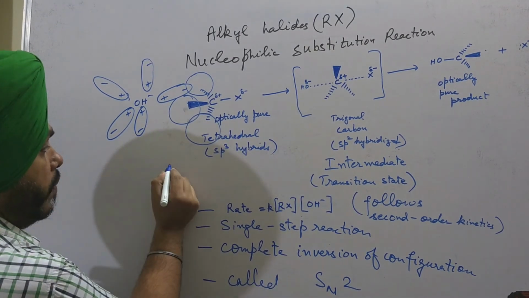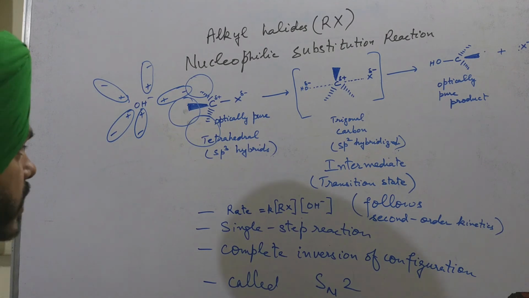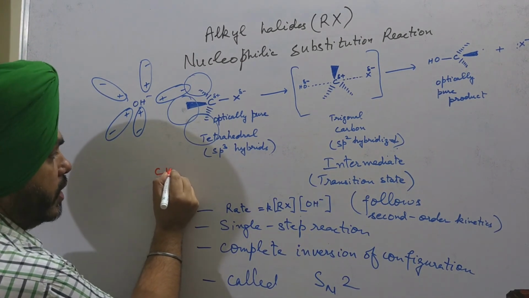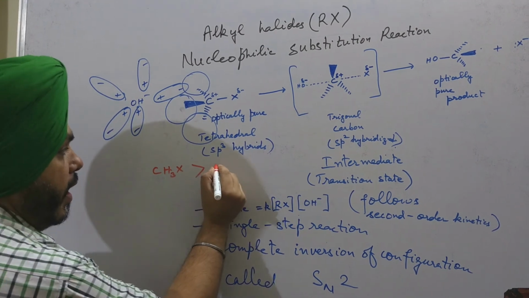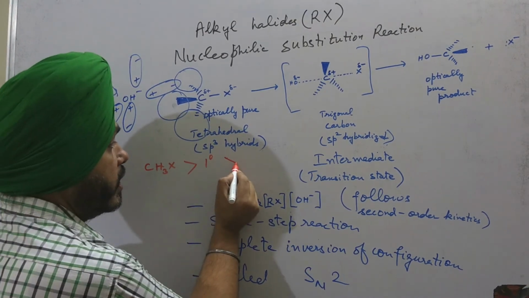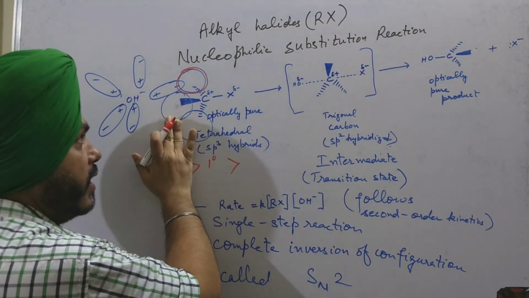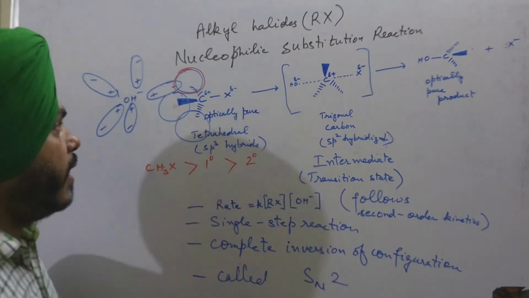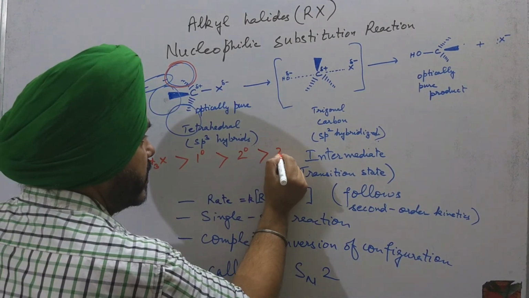Methyl halide is most reactive. Then comes primary alkyl halides, which are surrounded by one alkyl group and the others are hydrogen atoms. Then secondary alkyl halides, and then at last the tertiary alkyl halides.